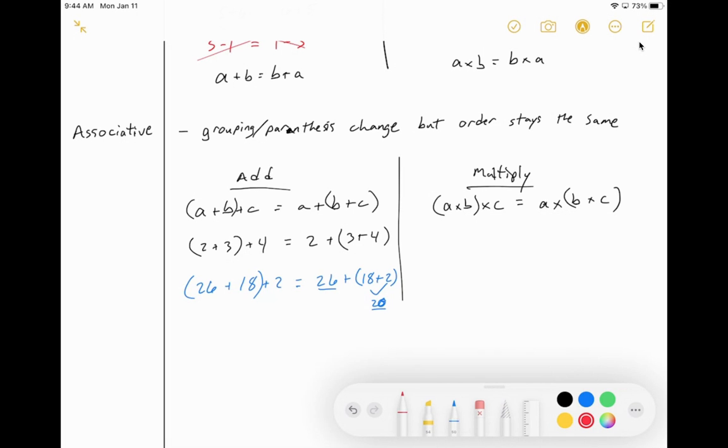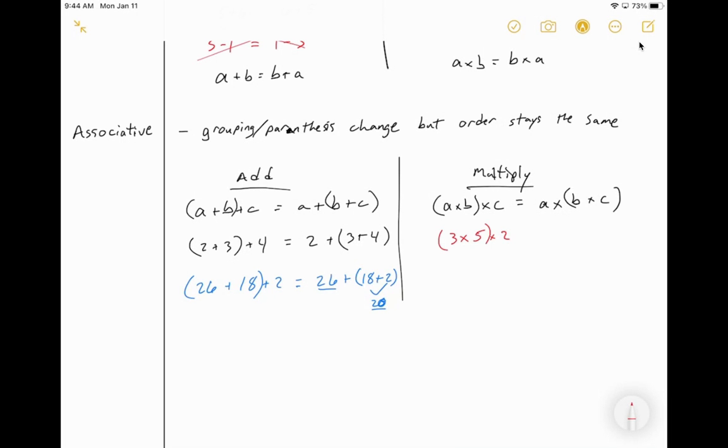If I did 3 times 5 times 2, I could also do it 3 times (5 times 2). And what you'll notice is the best thing about this is you make things easier on yourself. If you can see a 10, or something that makes 10 or an even number, it's a lot easier that way. All right, so that's the associative property.